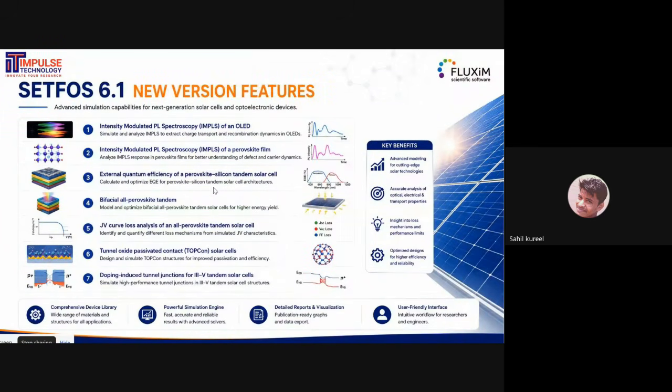Bifacial perovskite tandem solar cells are also coming, along with JV curve loss analysis of perovskite tandem solar cells, tunnel oxide passivated contact solar cells, and doping-induced tunnel junction tandem solar cells. So in the new version, different features are coming.